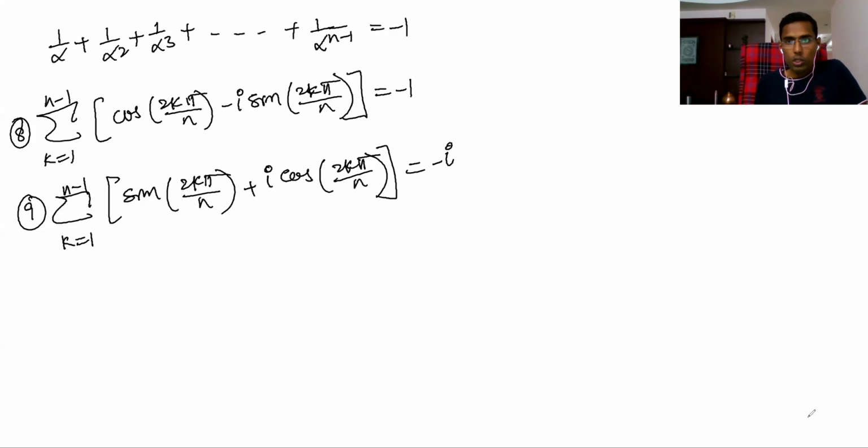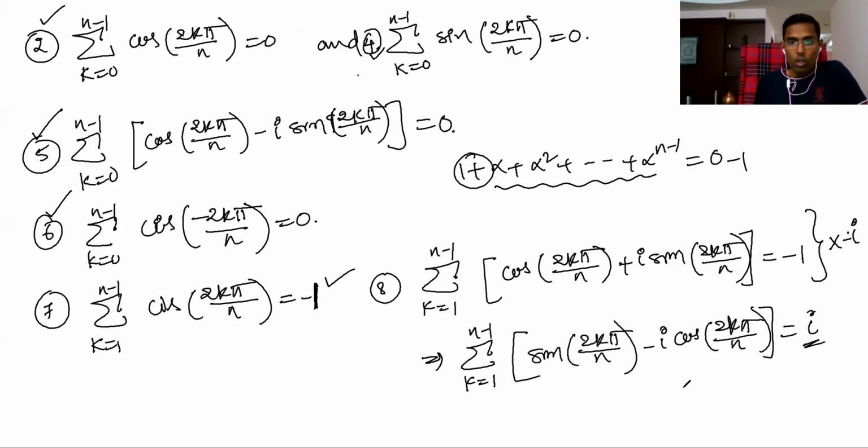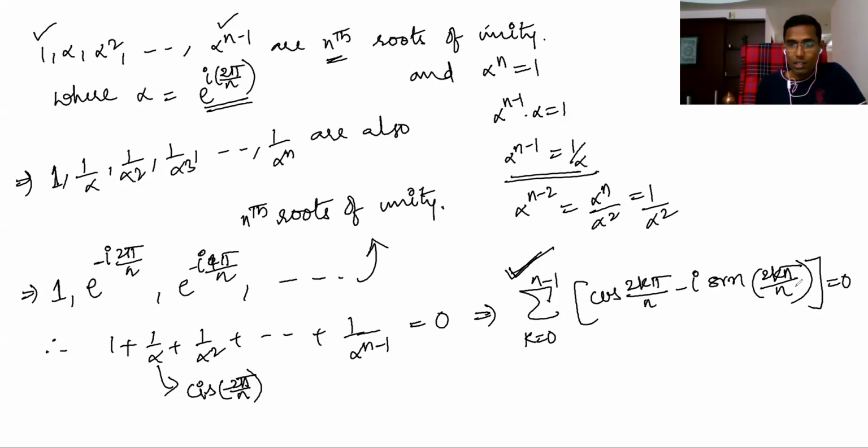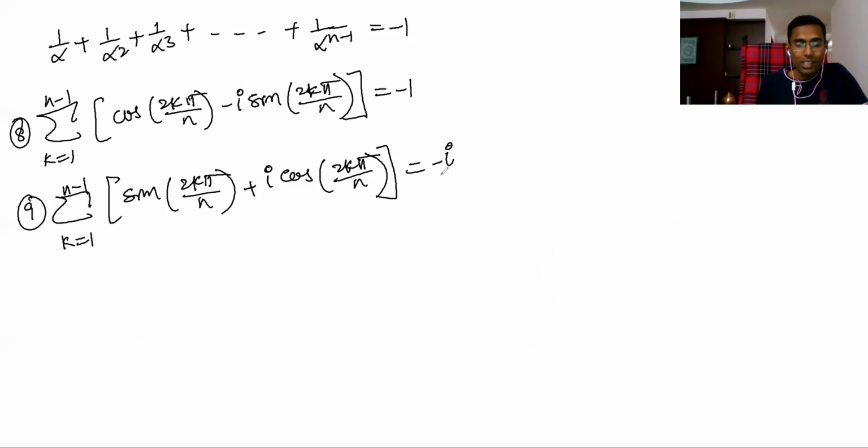So the previous one, already we discussed this one. Sine 2k pi by n minus i cos 2k pi by n is i. Minus i means here also, here plus i, right? Minus i in between. Here see, cos 2k pi minus i sin 2k pi is not this one. See, here you're getting minus.